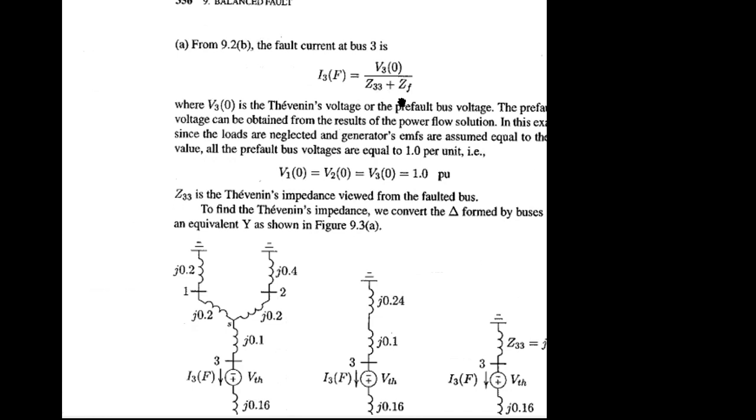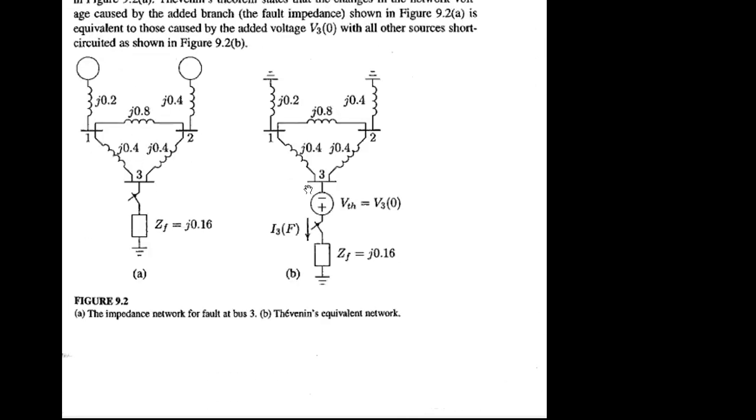This part for three-phase fault, this I3F will be nothing but, from this figure you can see I3F will be this from this terminal up to this third bus you have the Thevenin equivalent, and ZF will be there, and you will have the voltage source in terms of the third bus at initial or pre-fault voltage V30, meaning the initial value of the third bus voltage, which is assigned as 1.